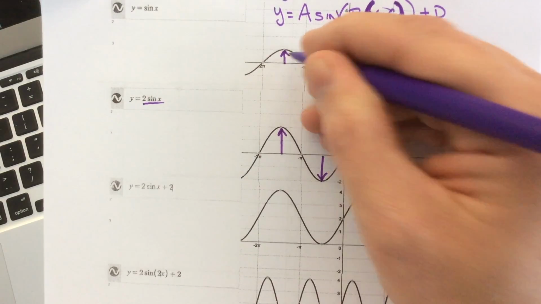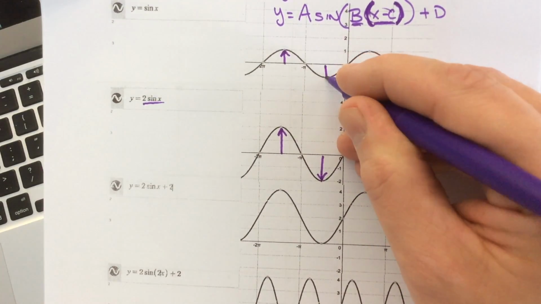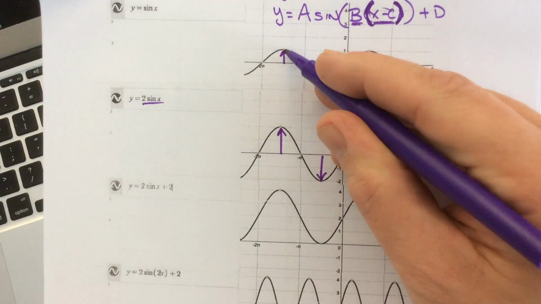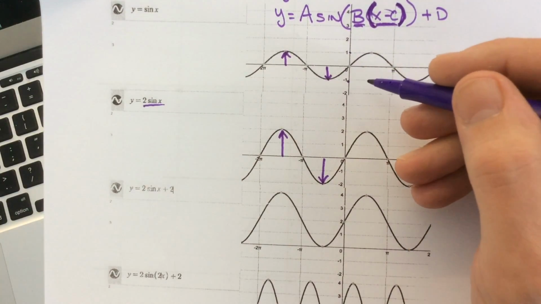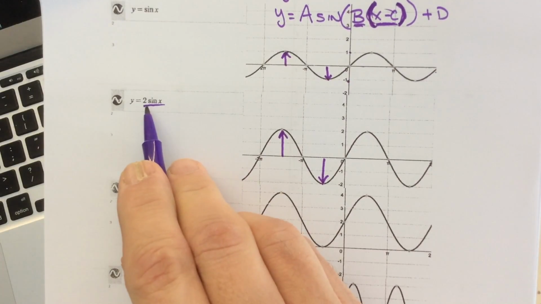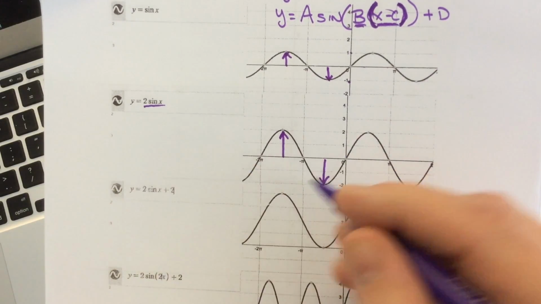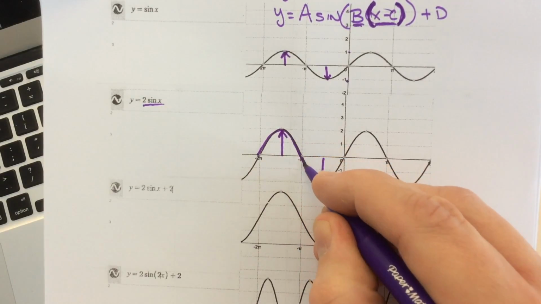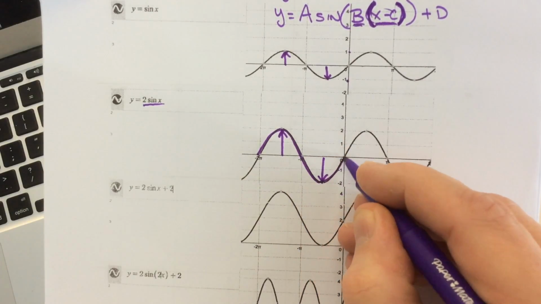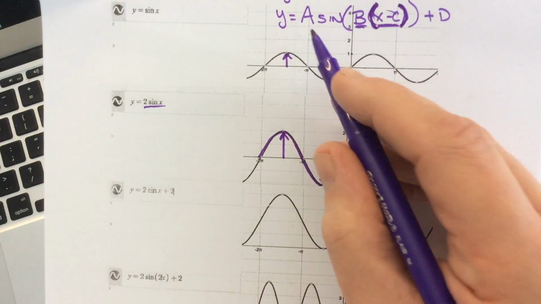Whereas here, the maximum and the minimum were only one space away from the midline. If I multiply the entire function by 2, now the maximum is 2 and the minimum is negative 2. Okay? So that's what A does.